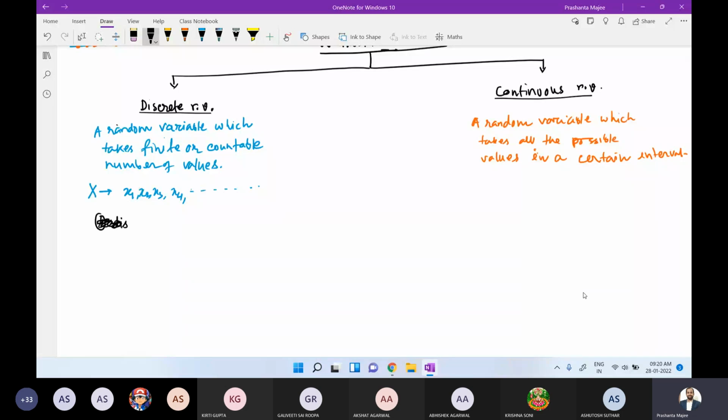So this is the definition. First we'll consider a discrete random variable. It is called the probability mass function: how the outputs and their corresponding weights or mass are distributed. How the mass is distributed corresponding to each possible output, that is called the probability mass function of a discrete random variable.